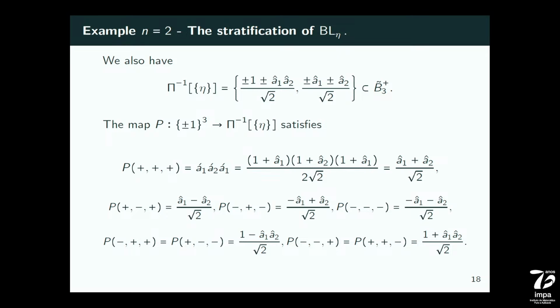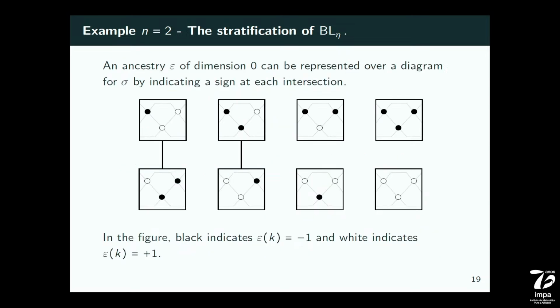I think it is minus 1 plus A1 hat A2 hat divided by square root of 2. And I think it's minus 1 here, minus 1 minus A1 hat A2 hat divided by square root of 2. Okay, so this is our stratification.